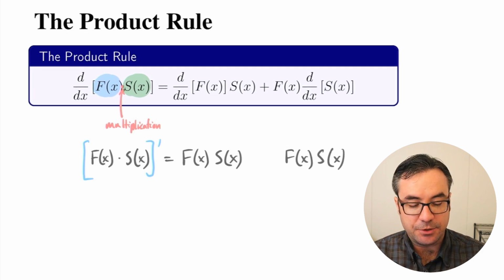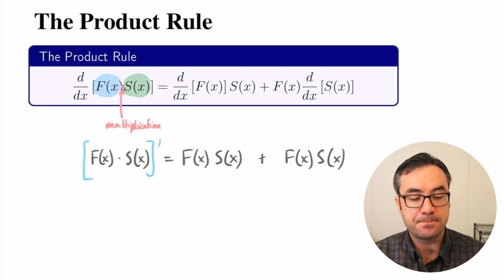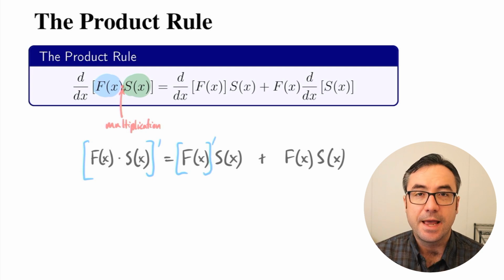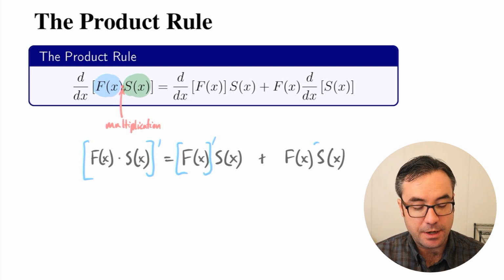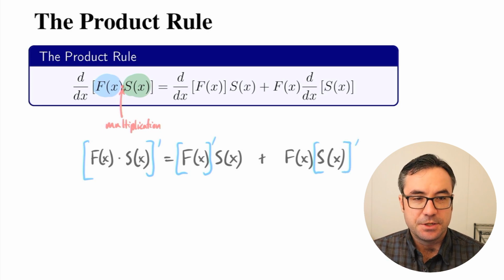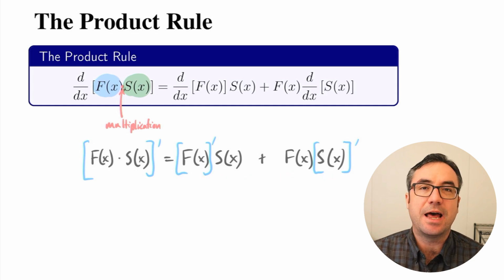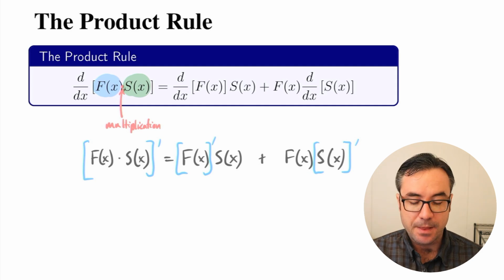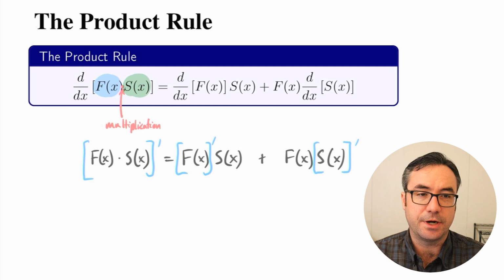In between these two, we're going to put a plus sign. In the first copy, we're going to differentiate just the first function, and in the second copy, we're going to differentiate just the second function. Doing it with this format is going to help us later when we go to the quotient rule, because it's going to be very similar. So this is the way we're going to think of the product rule.